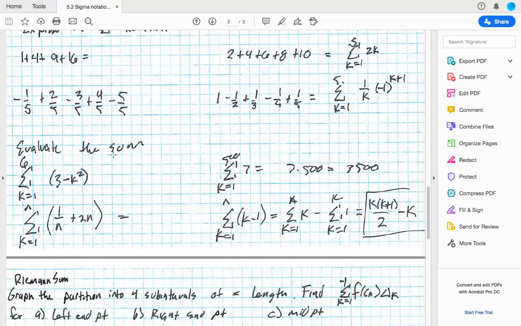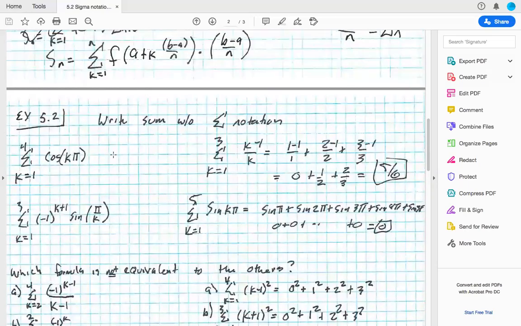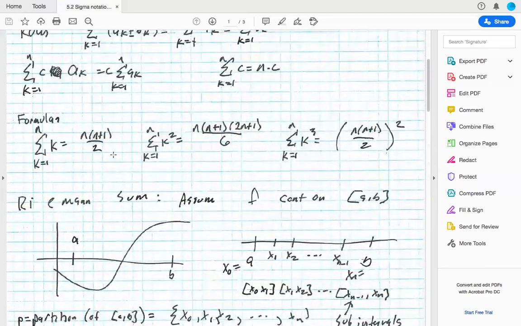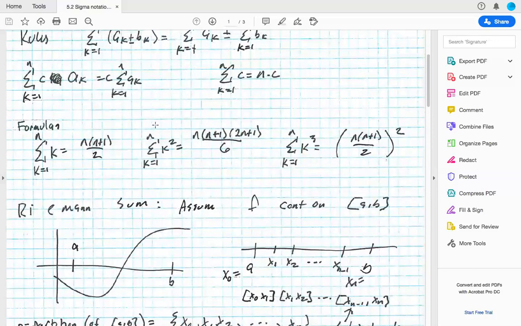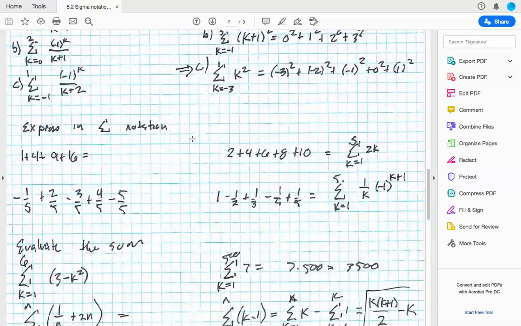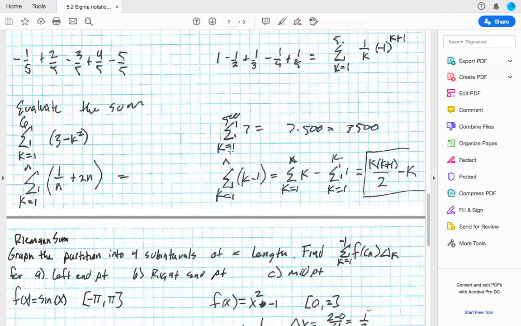Here we're going to evaluate the sum using the sigma notation formulas from up here. So we're going to be looking at these formulas right here, and we're going to be evaluating those sums. So here, if we have the sum of 7 from 1 to 500, that's 7 plus 7 plus 7 plus 7 plus 7 plus 7 plus 7, and we'd have 500 copies of that 7.